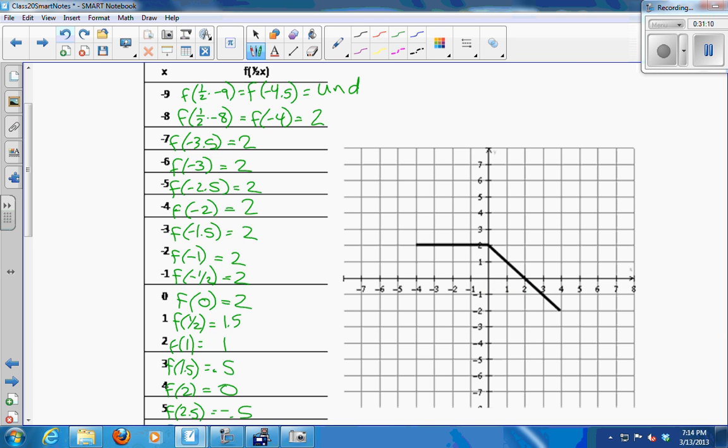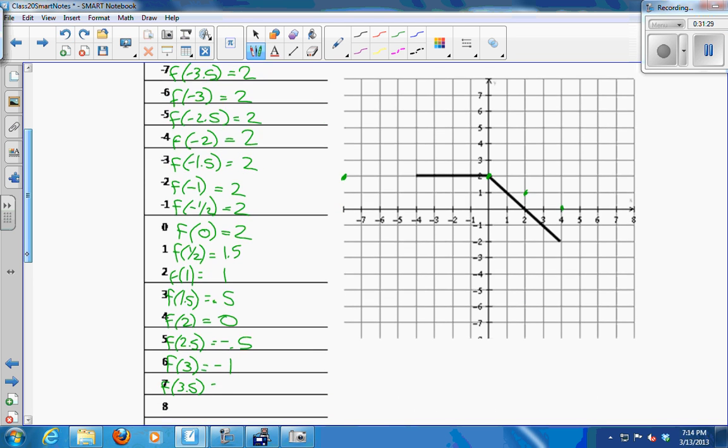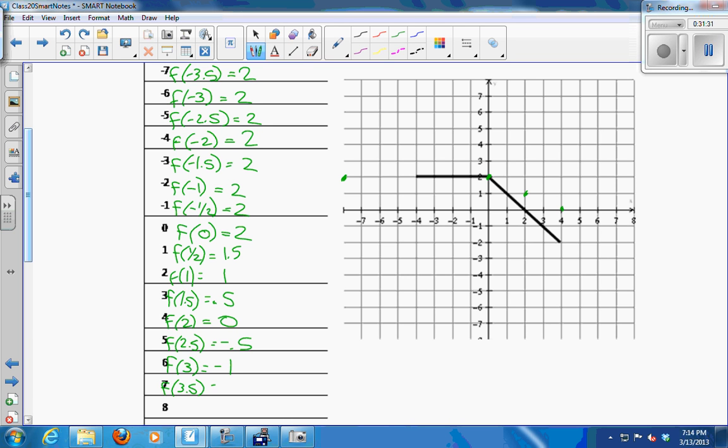Okay, so I plot all these points, -8, 2, up through 0, 2. And I have 2, 1, 4, 0. 6, -1. And 8, -2.